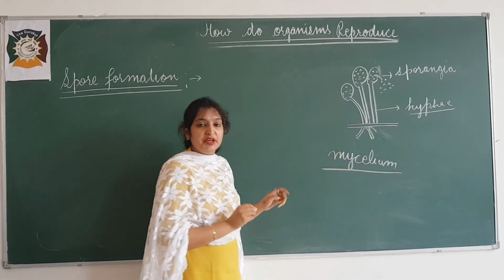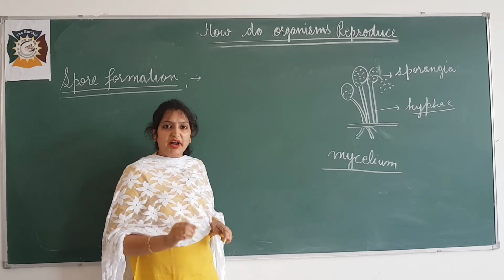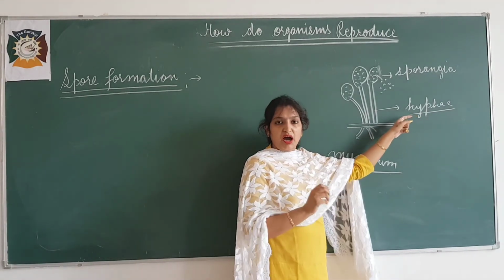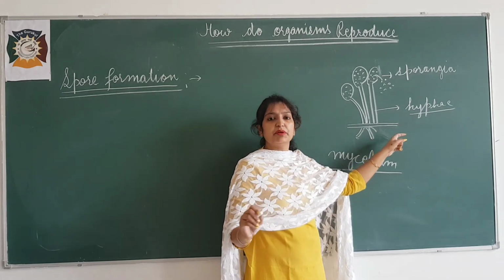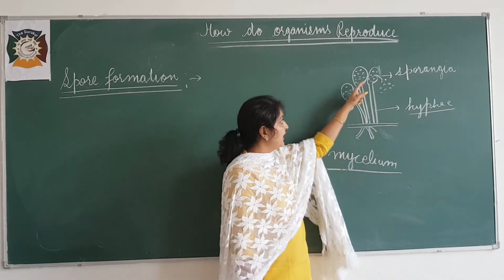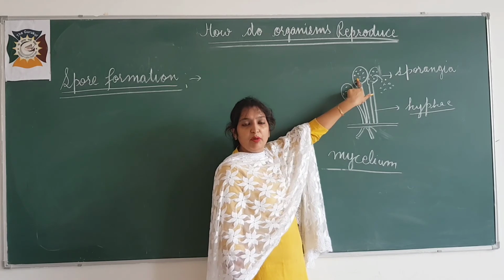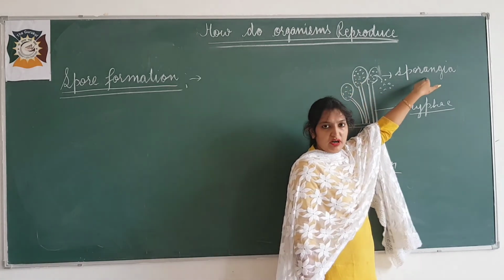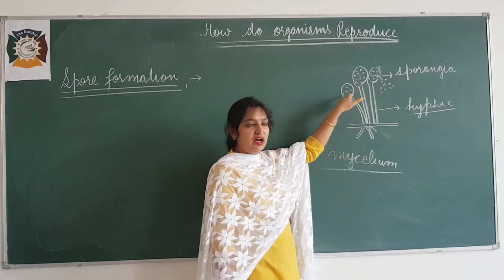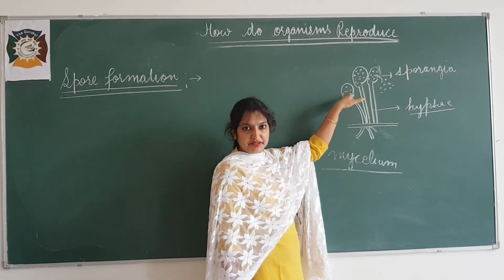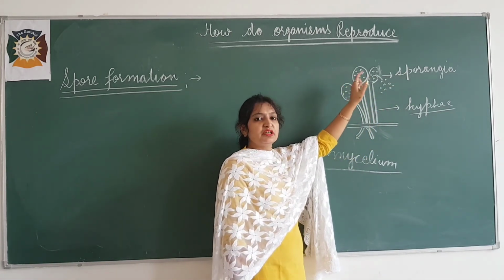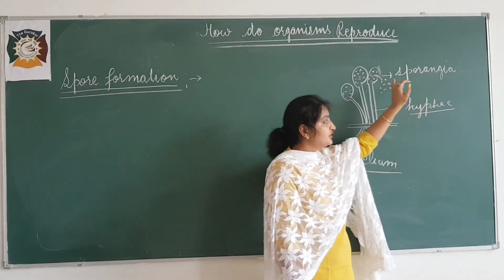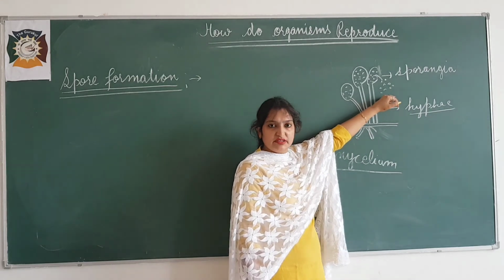Again I repeat, in moist bread white color thread arises that is known as hyphae. Hyphae is not a reproductive organ. At the tip of hyphae, a blob-like structure is present, known as sporangia. Inside the sporangia, spores are formed, and when spores become mature, the sporangia wall ruptures, and spores are released.